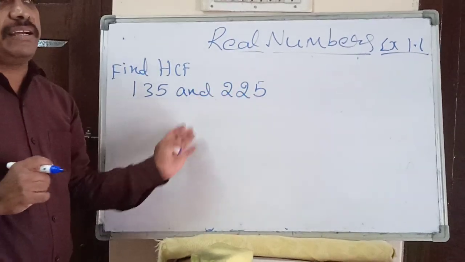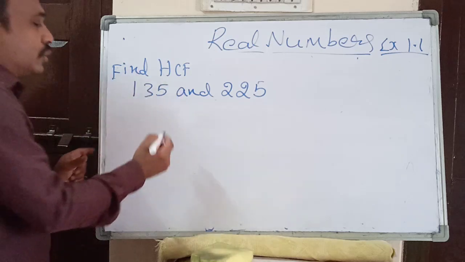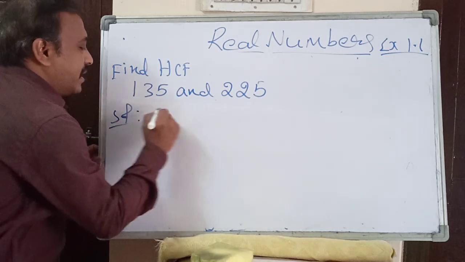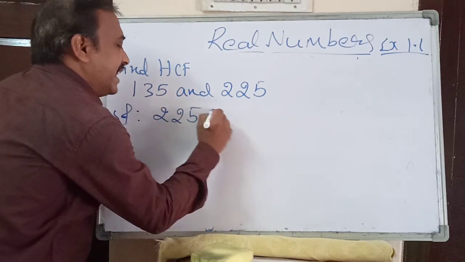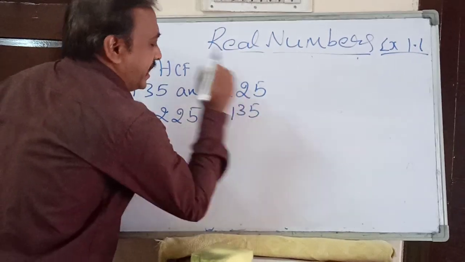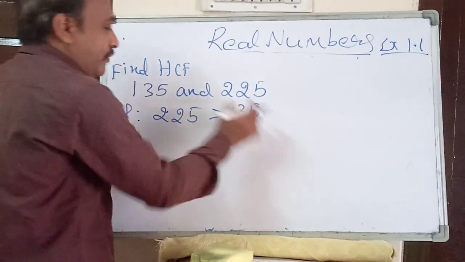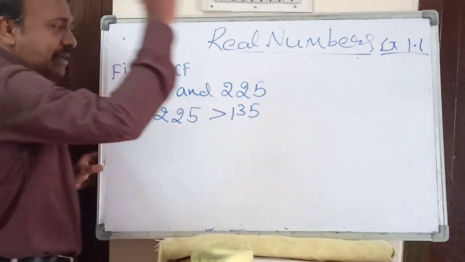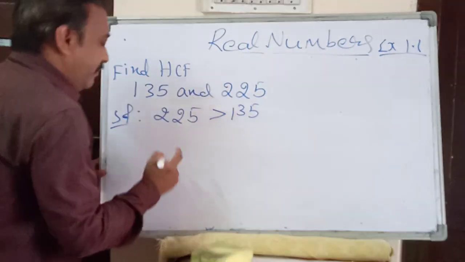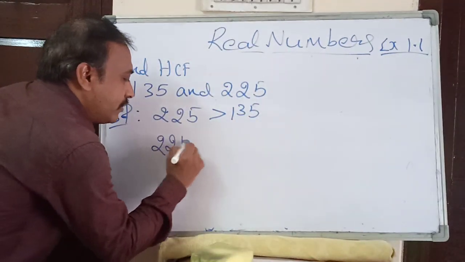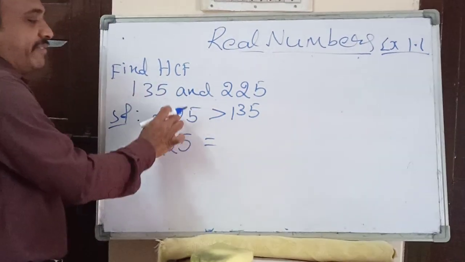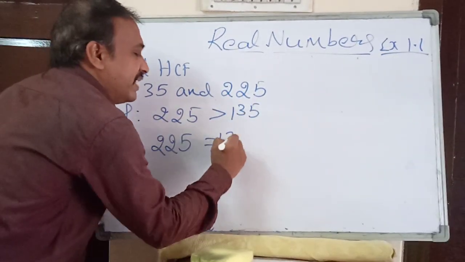In these two, which is the greater number? 225 is the greater number, so 225 is greater than 135. So 225 is the dividend and 135 is the divisor. 225 equals 135 into something.